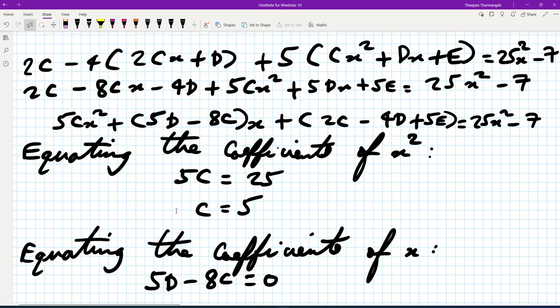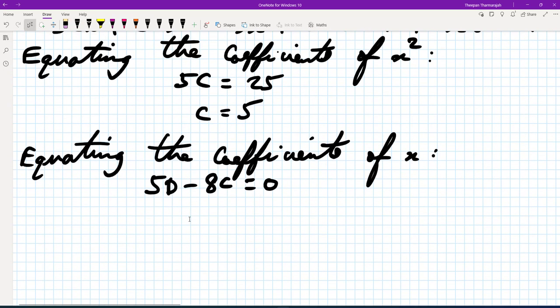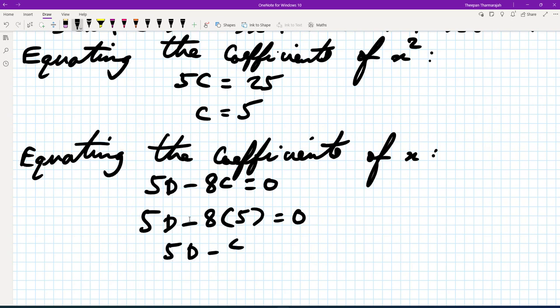So we can say that 5d minus 8 times 5 is equal to 0. 5d minus 40 equals 0. So 5d equals 40, so d must be 8.